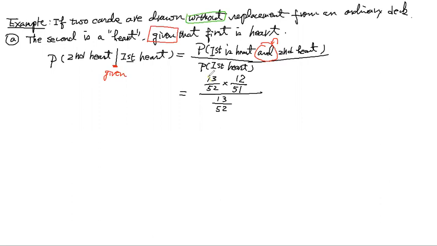Now you can cancel, so the answer here will be 12 over 51. If you simplify it, reduce the fraction, 4 over 17.